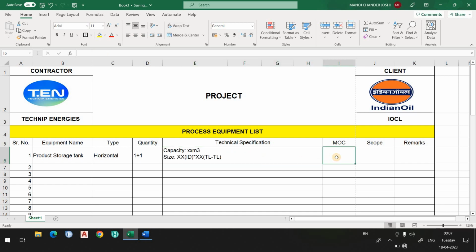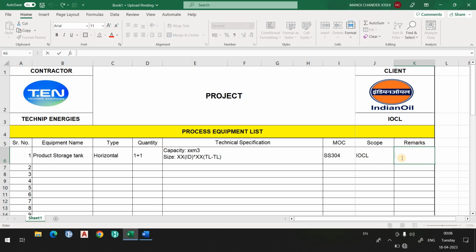Now what will be the MOC of the product storage tank? Let's suppose the MOC is SS304, it could be anything else. Then there is the scope, meaning who will provide this tank, whether the client, the contractor or the licensor. Let's suppose I am writing IOCL here. Then you can write any remark.